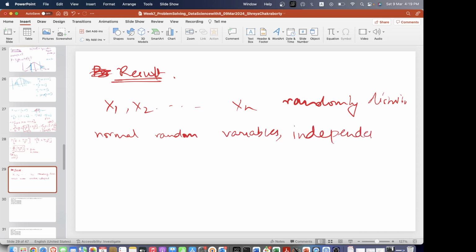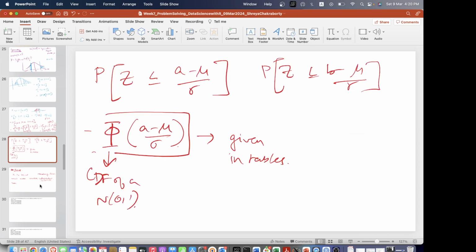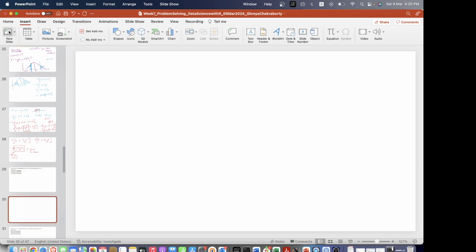This is very important. They are independent. Then any linear combination, okay, let's say I will demonstrate, I will write it initially with 2. Let x1, x2 be independently distributed. Okay, 1 second, I'll just write it properly.